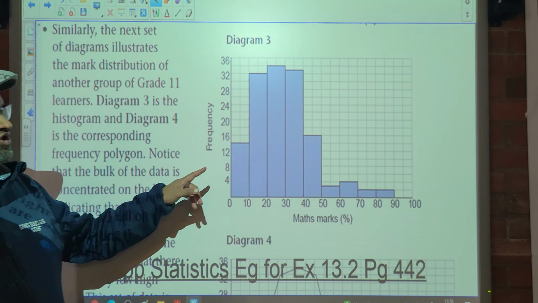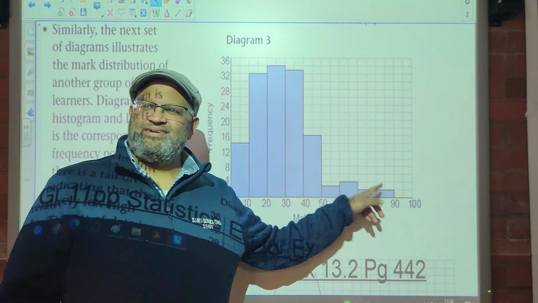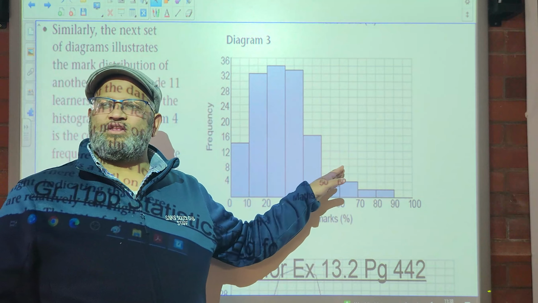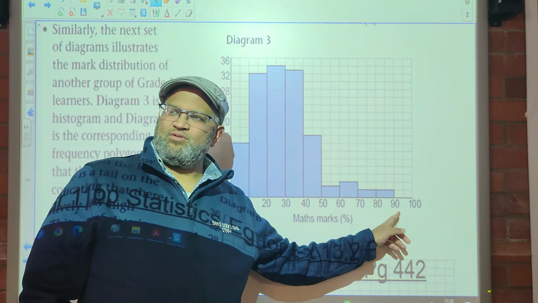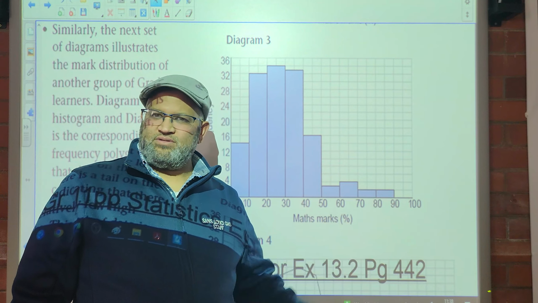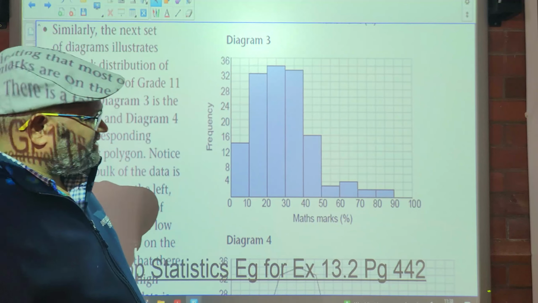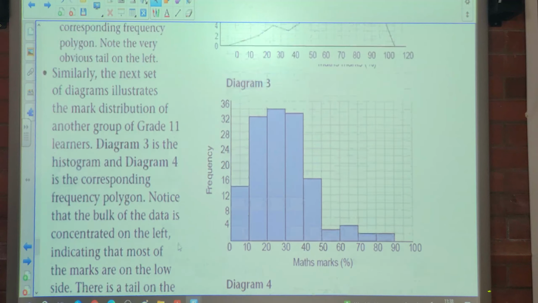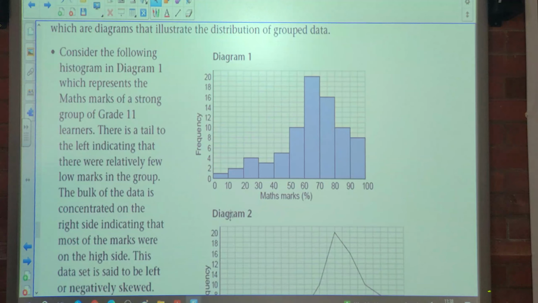As you can see, the tail is longer on the right-hand side, which means to say this data is skewed to the right or positively skewed. You guys understand? But you guys are clearly an example of the first diagram, no? Where most of you are getting above 60, she says. You all agree with that?